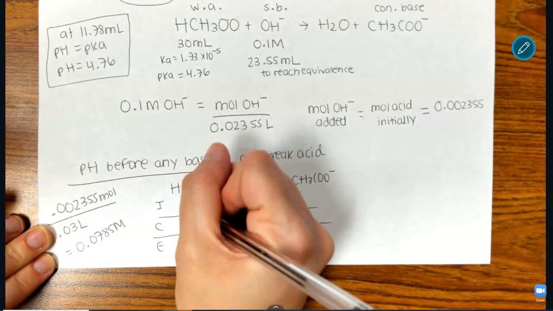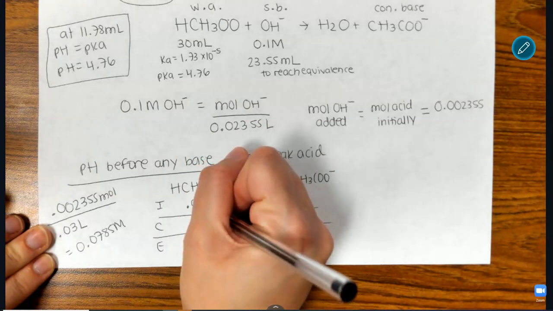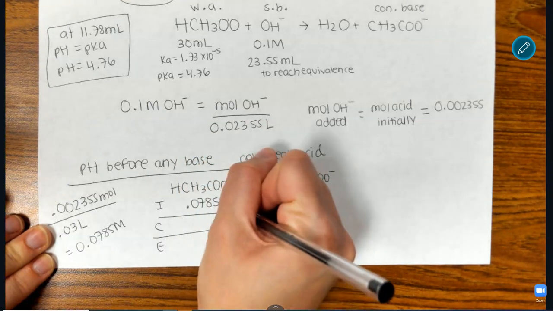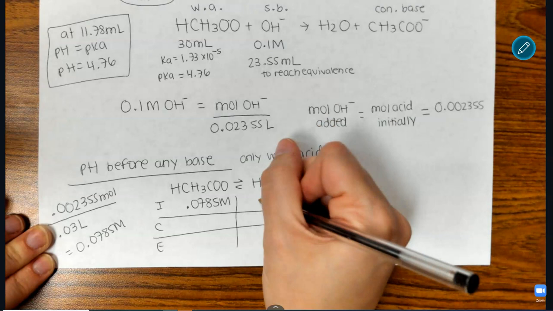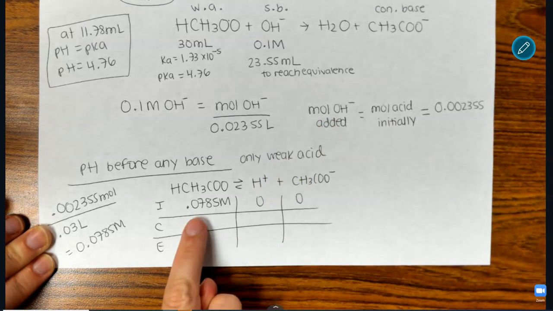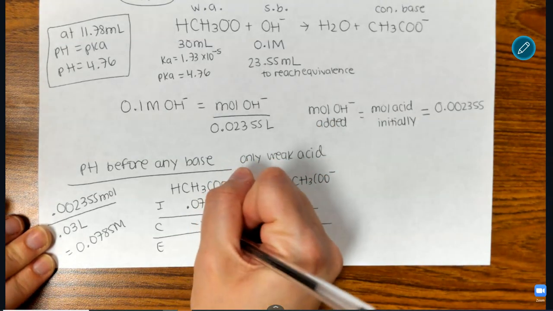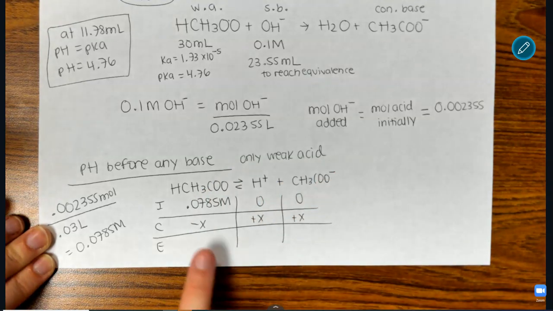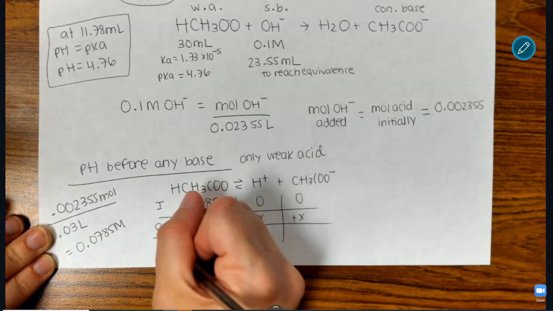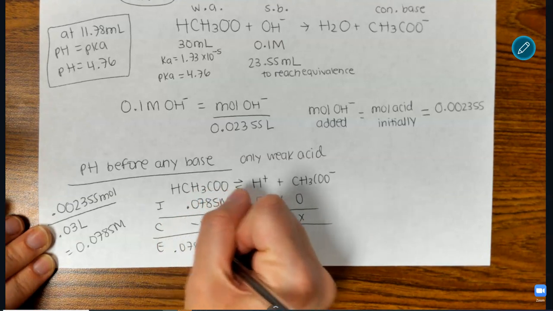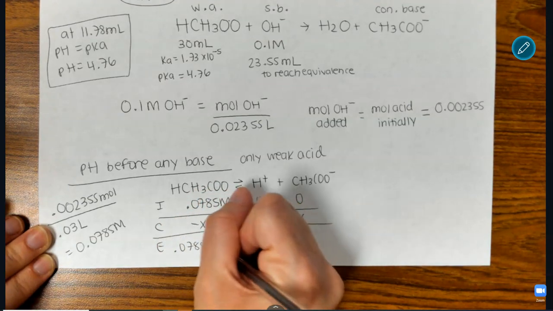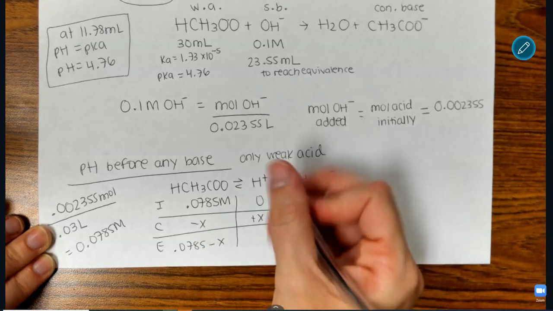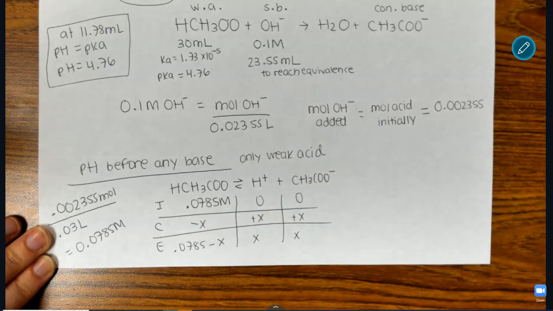I'm going to put that here on my ICE table. The products just start at 0. Change: your acid gets a negative X. The hydrogen ion and the acetate ion get a plus X. For equilibrium, it is 0.0785 minus X, and these two are just X. Okay.